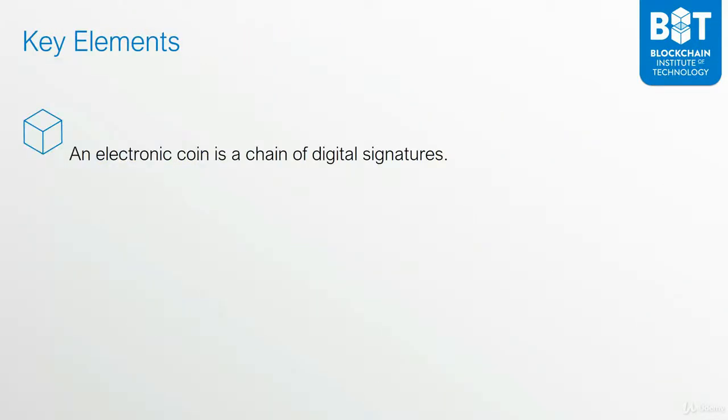The first one is that an electronic coin is a chain of digital signatures. Keep that imagery in mind, because everything that we discuss will have to do with the fact that every coin is a chain of digital signatures leading all the way back to when that coin was initially mined.